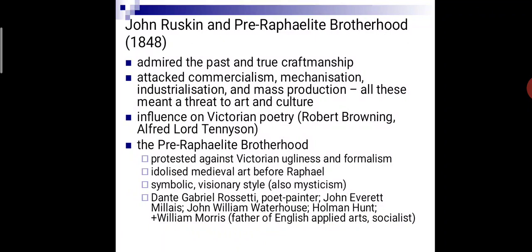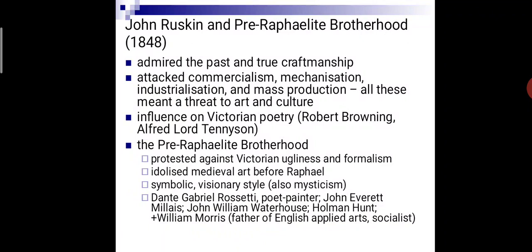Influence on Victorian poetry: there was the influence of Robert Browning and Alfred Lord Tennyson. The Pre-Raphaelite Brotherhood protested against Victorian ugliness and formalism, idealized medieval art before Raphael, and used a symbolic visionary style, also mysticism.